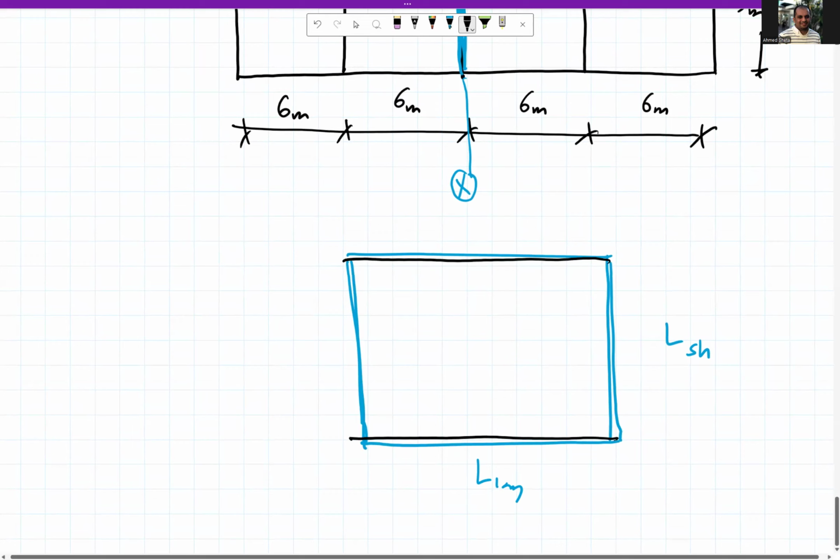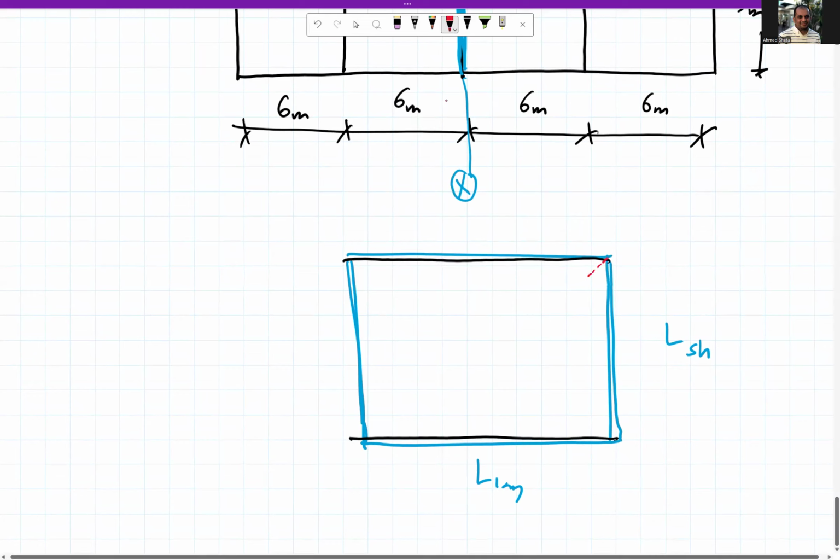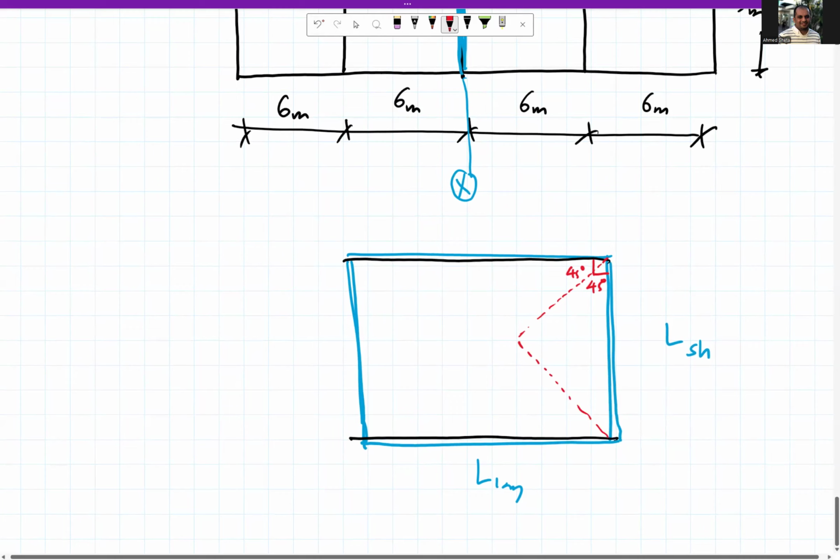The slab will be distributed to the beams using the concept that this angle will be cracked at 45 degree and 45 degree, and here also we will have the same concept.